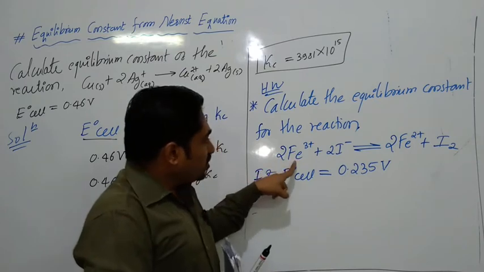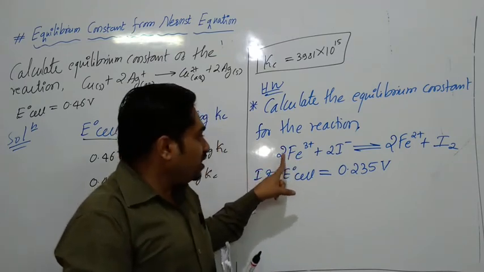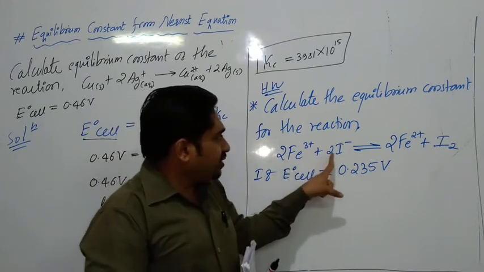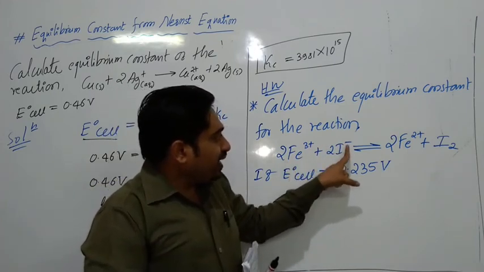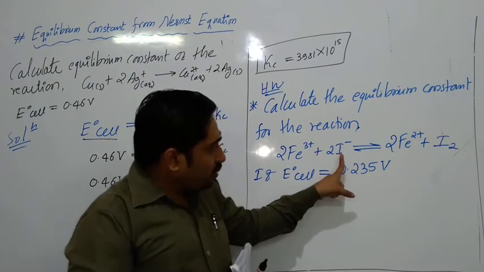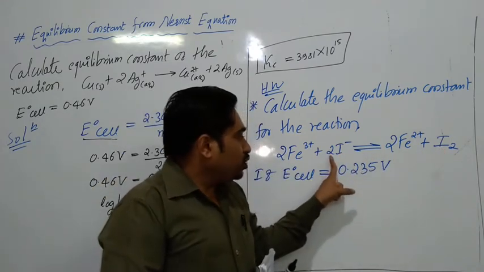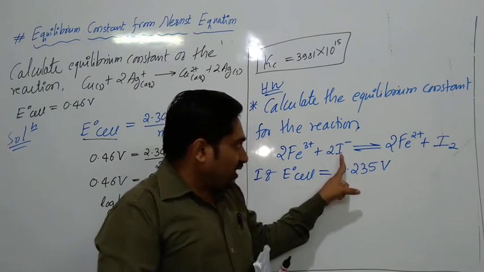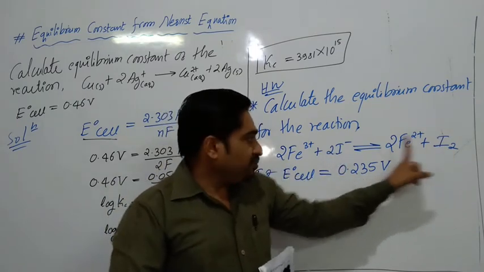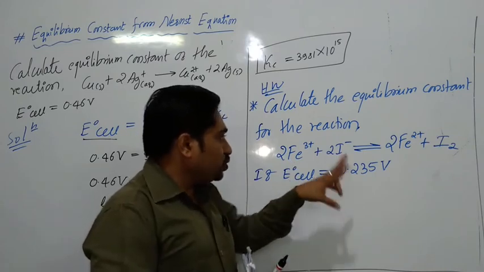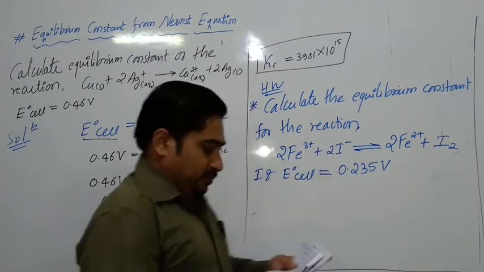Here two such ions are there, meaning 1 into 2 electrons are transferred. Here 2 iodide ions lose 2 electrons to give I2. So the loss of electrons is 2, the gain of electrons is 2, so n is equal to 2.